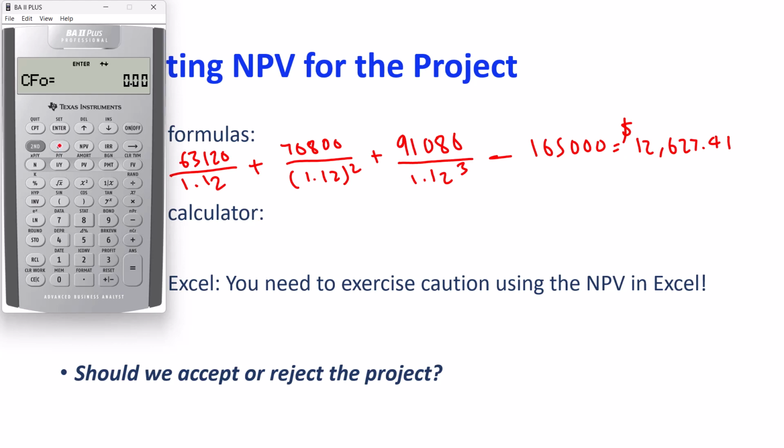You just push the cash flow button here and then clear it, second C, so there's no number here from the previous problems that you've done. Now, it's asking for cash flow 0. Cash flow 0 is 165,000. And because of the sign convention, we have to enter it as a negative number because this is the outflow today.